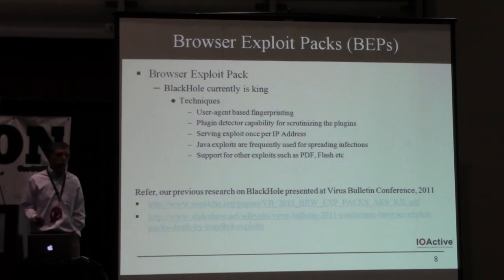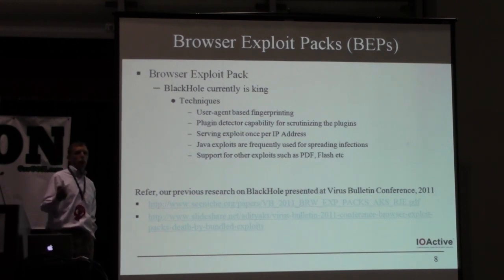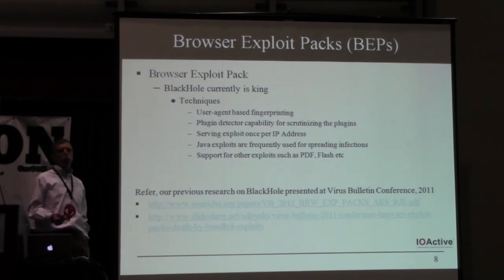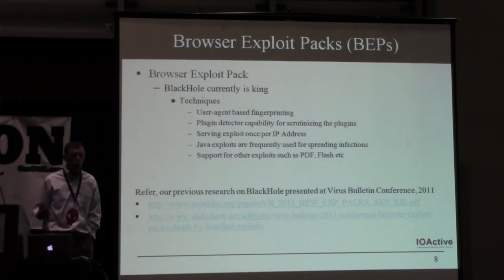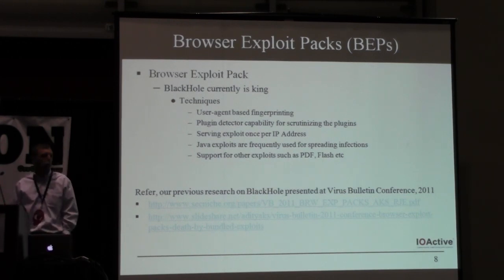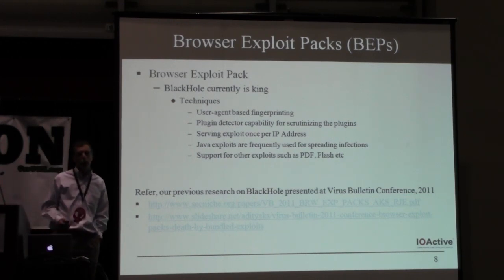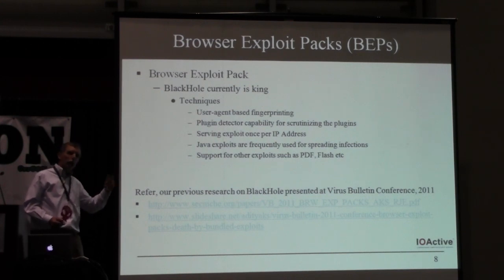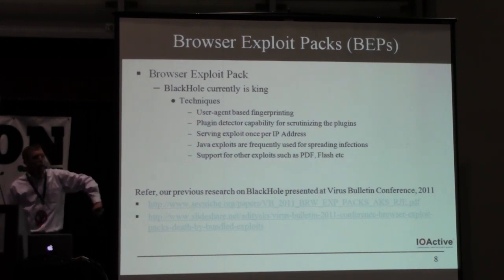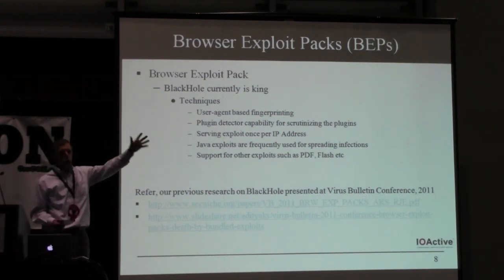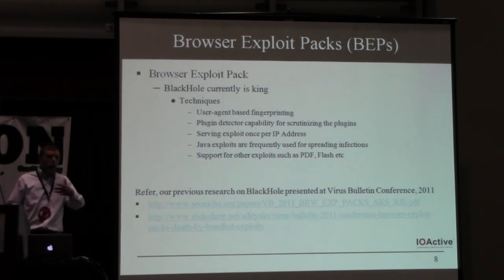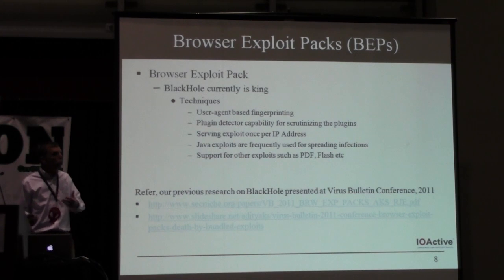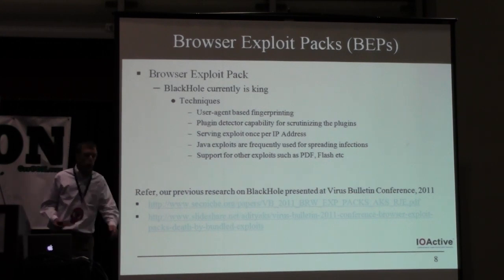The basic idea is that the BEP is going to look at your browser, your Firefox version 8 or IE8 or whatever you're running, this particular version, and it'll look up and go, oh yeah, I can exploit you with this particular one. And that's pretty much what its job is.